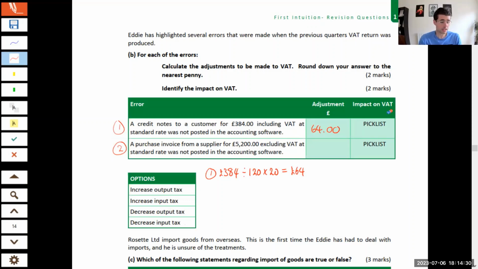So if a traditional sale increases output tax, it's not a big assumption to say anything that is essentially the opposite of sales is going to have the opposite effect on output tax, isn't it? So if a sale increases output tax, a credit note decreases it. Again, it's intrinsically the opposite effect. So what it's actually going to do is decrease output tax.